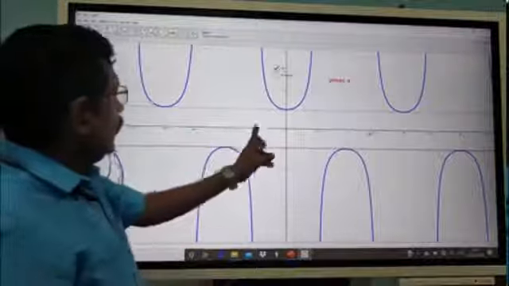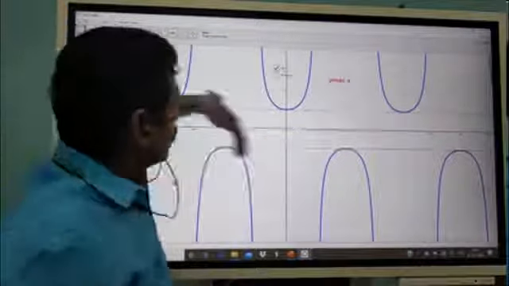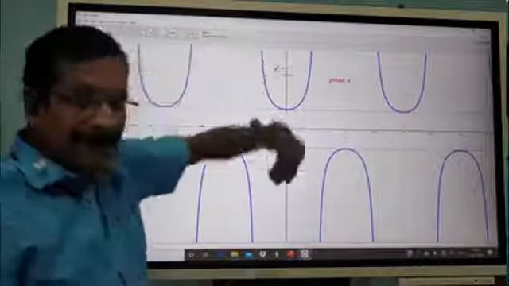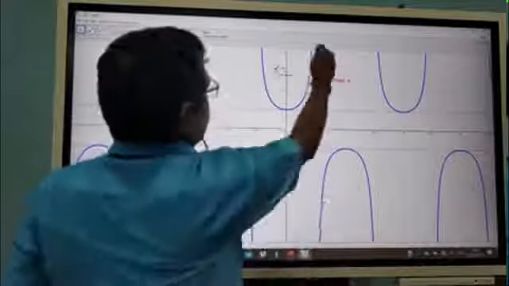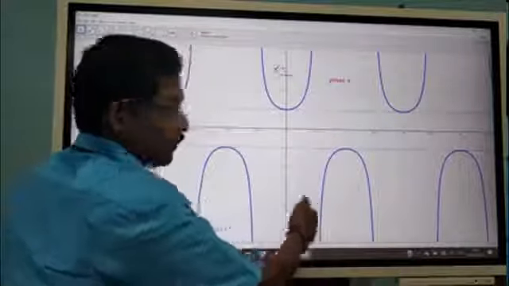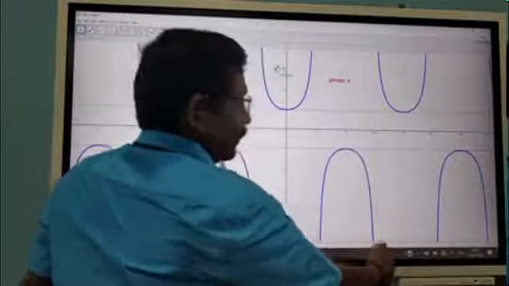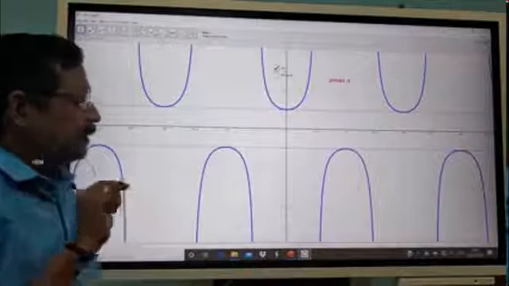See, from minus pi by 2 to pi by 2, all these ranges. The secant function is not taking values at pi by 2, and 3 pi by 2 also is not taking values. So we have to restrict the domain.